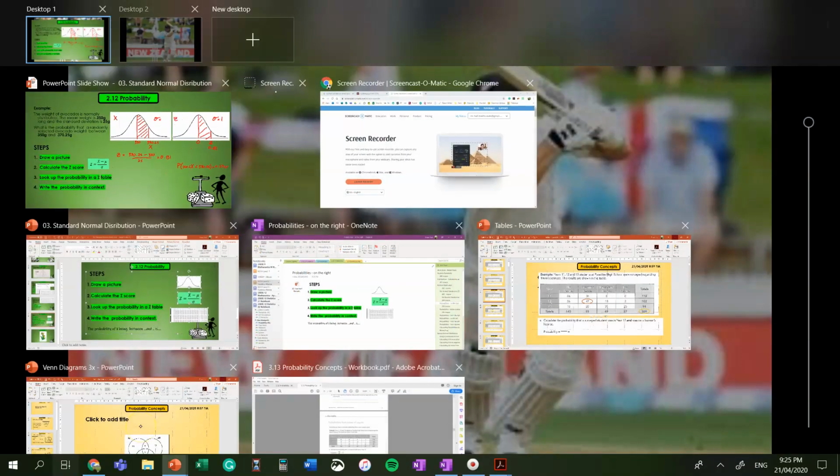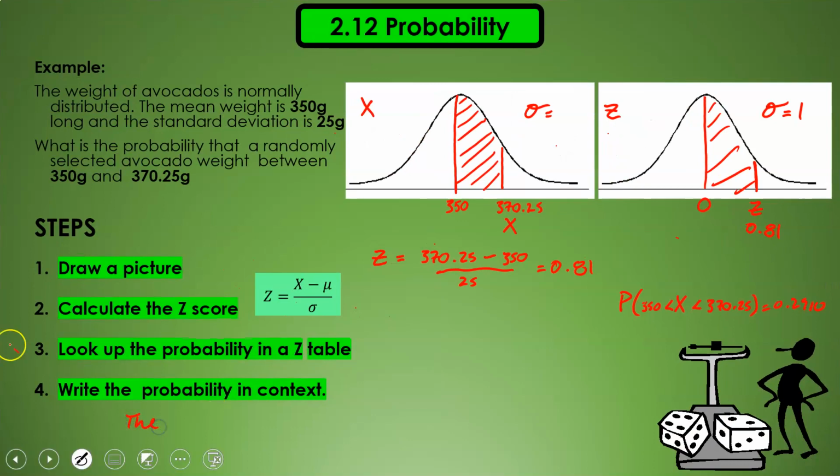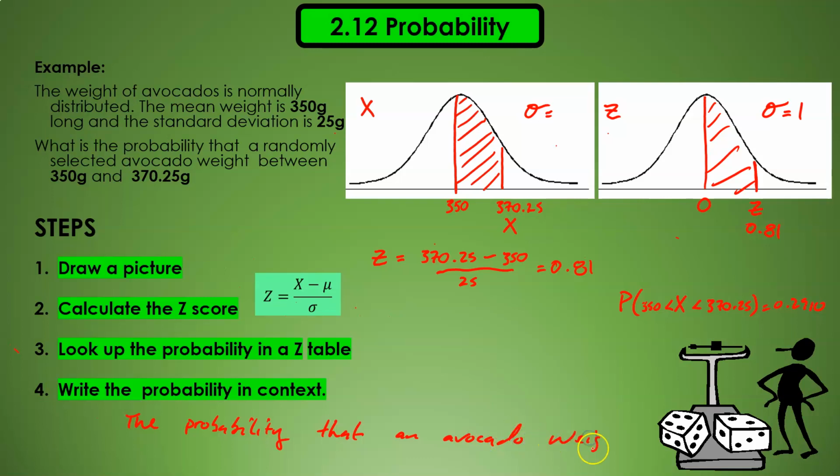So we can say the probability that an avocado weighs less than 370.25 but more than 350 is 0.2910.